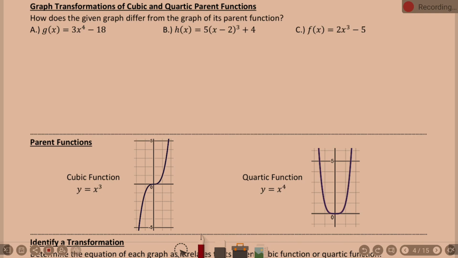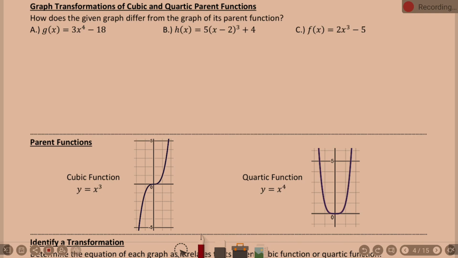This top section has to do with a lot of what we've already done this year. Okay? It's asking how does the given graph differ from the graph of its parent function. When we talk about the graph of its parent function, we're talking about whatever that basic graph is, x squared normally. You'll notice in this lesson, we're not seeing as many x squareds.